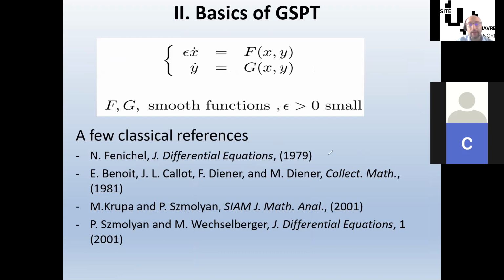I call it X and Y. There is a small parameter epsilon, and a function f and a function g, right? Here I'm going to follow a little bit the introduction of this article.